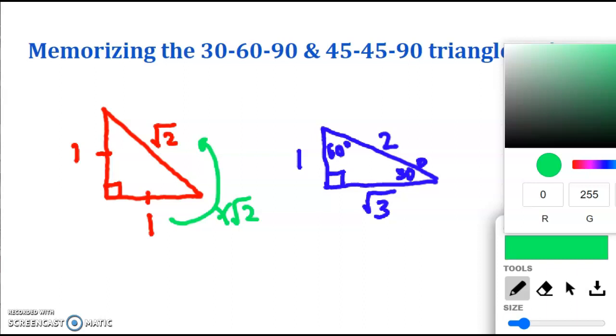And from the other triangle, you can tell that from the short leg to the hypotenuse is going to be multiplied by 2, and short leg to the long leg is going to be multiplying by root 3. That's how you use these triangles once you've drawn them. On tests and quizzes, what I ask my students to do is, once you've memorized this, the first thing you do is on top of your paper, draw this, so that you can use it correctly and do not get them mixed up.